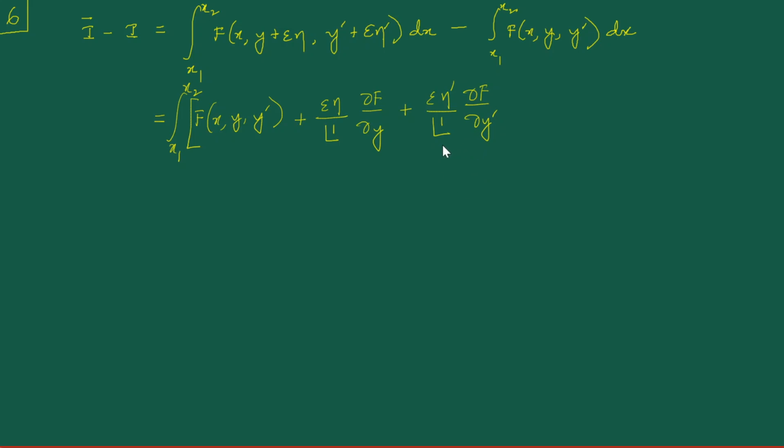Very importantly, please note that here the dependence of f is on y plus epsilon eta, and y dash plus epsilon eta dash separately. Similarly, here the dependence of f is on y and y dash separately.